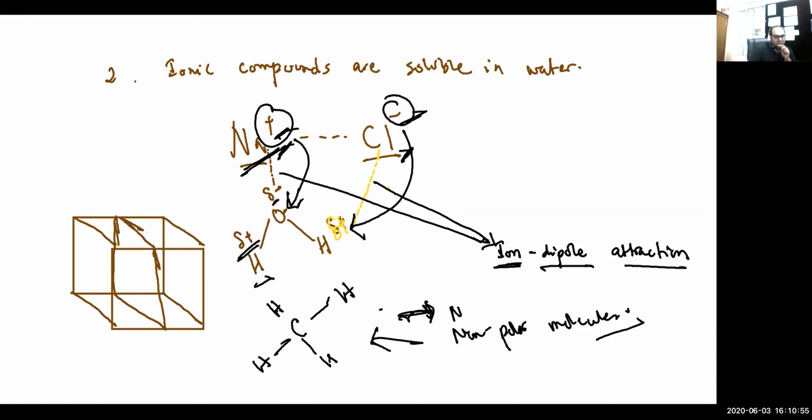No. Why does it have a partially positive charge? We will study that in covalent bonding, but at least understand that hydrogen has a positive charge and oxygen has a negative charge. So when they're attracting, sodium attracts oxygen, and chloride attracts hydrogen. So eventually what happens?